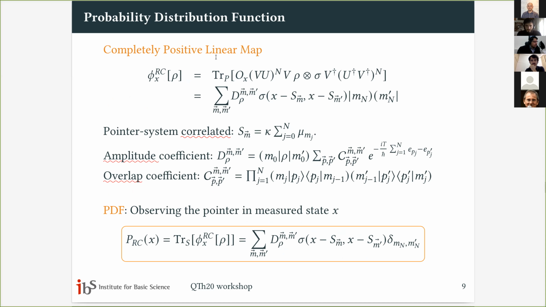And I've cut out all the maths in between, but what you get finally is a complicated looking formula that I would like to point out 2-3 subtleties in.